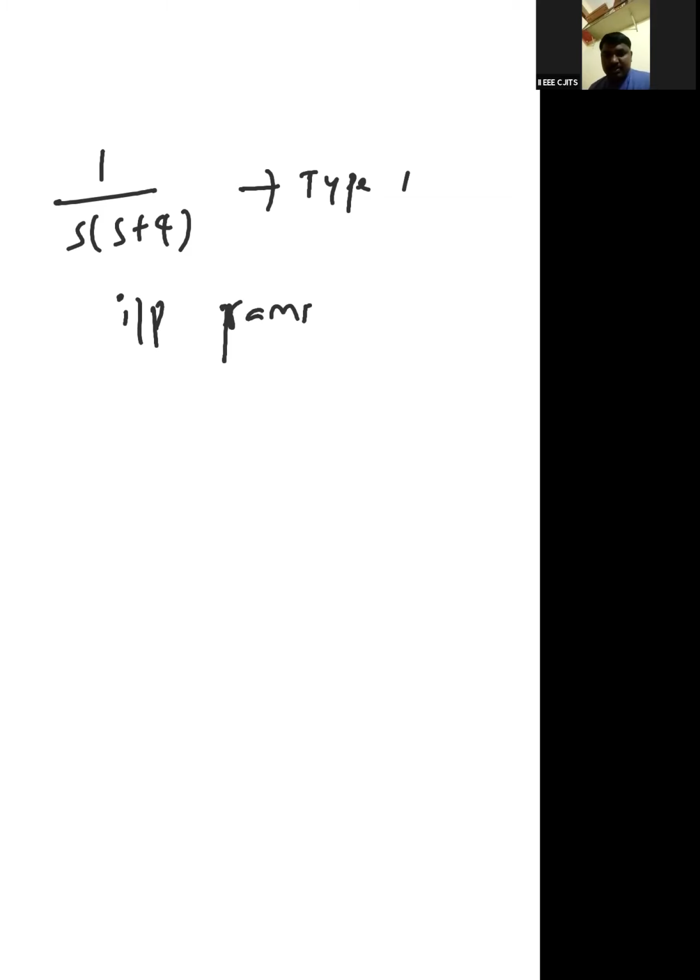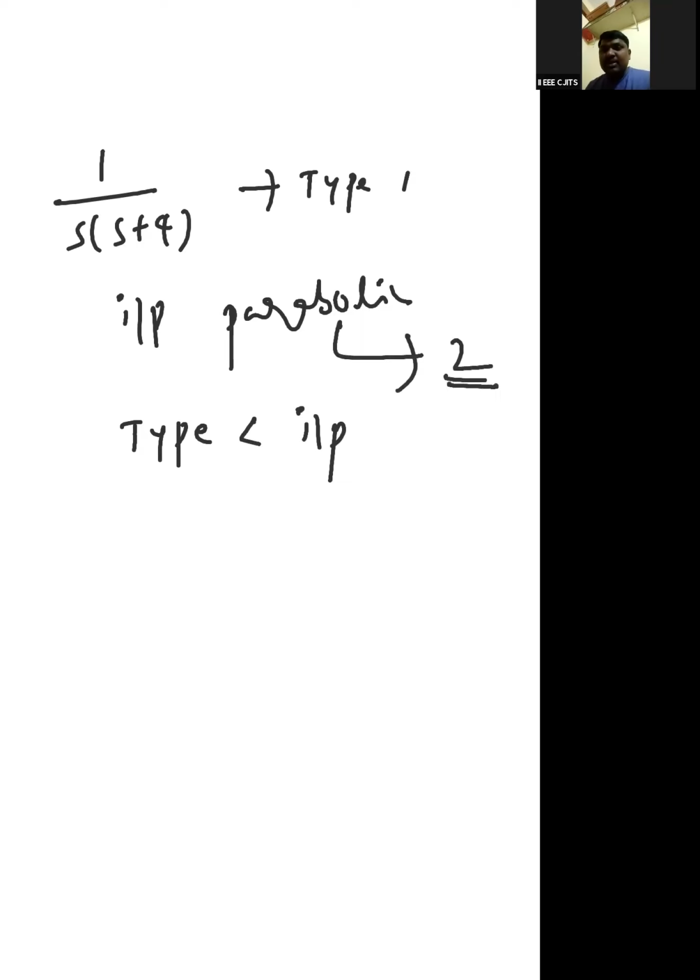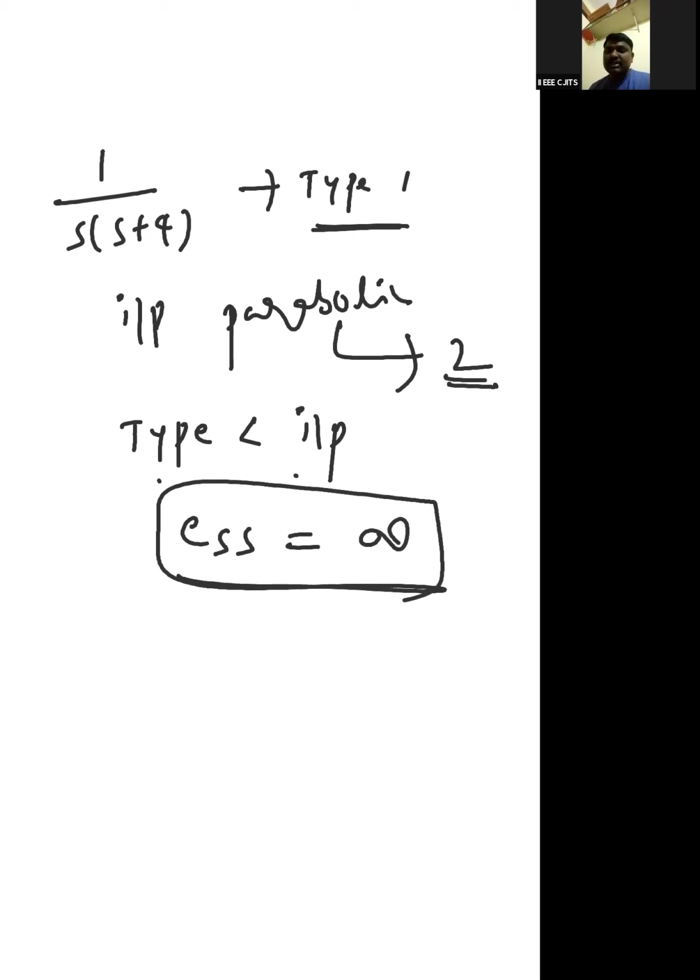Here the type is less when compared to the input. Why? Because parabolic we can discuss only for type 2, but they have given type 1. Therefore, the steady state error will become infinite.